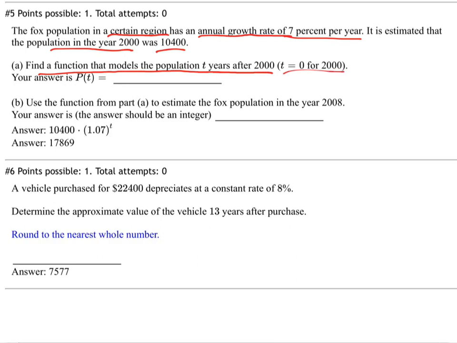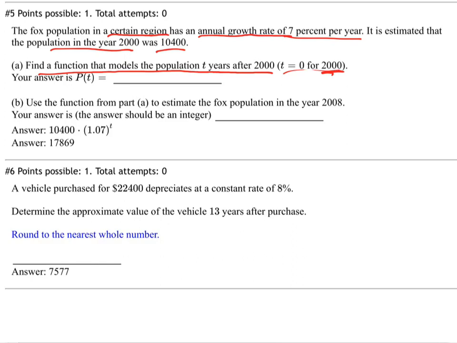So in other words, t is 0 in the year 2000. So this is almost always how these science problems work. They pick some point in time to be the starting point, in this case the year 2000. So then all of time is measured from that starting point.